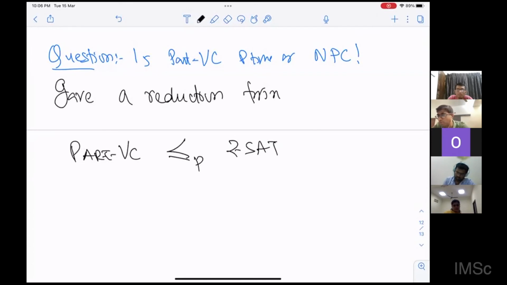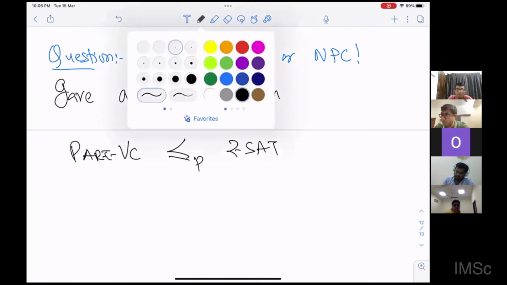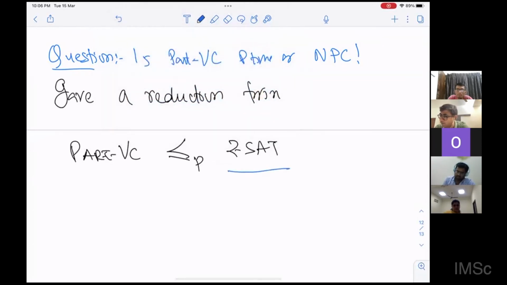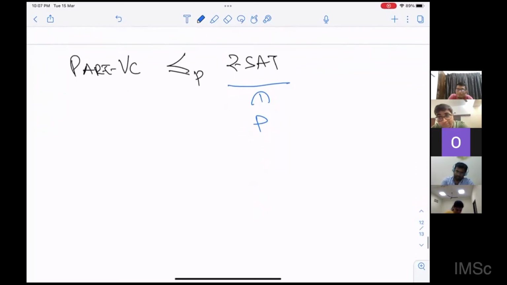Now, what do we know about TwoSet? Does anybody know the status of TwoSet? How many of you know the status of TwoSet? If you know the status of TwoSet, put +1. Okay, excellent. And what is the status of TwoSet? This belongs to P. So what we showed via our reduction?